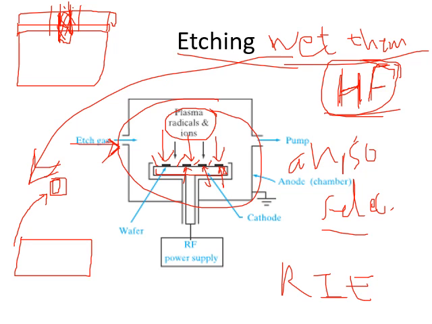So when these plasma radicals and ions hit the surface with very high kinetic energy and very fast hitting, the materials will get etched away. This comes under dry etching only.